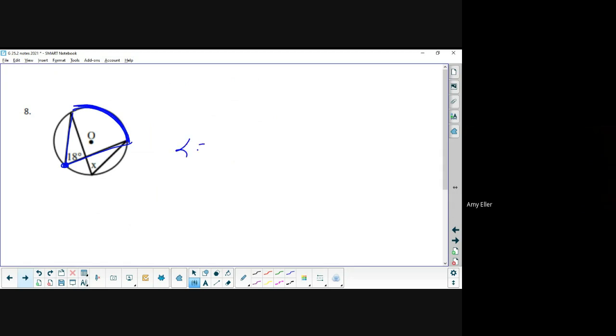The formula is angle equals half the arc. The angle is 18. Let's multiply by 2. Do we know 18 times 2 without a calculator? 36. The arc is 36.